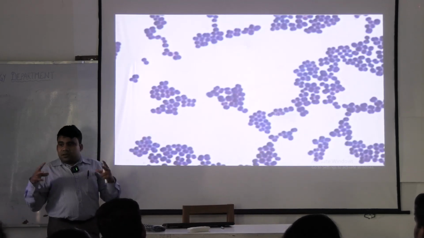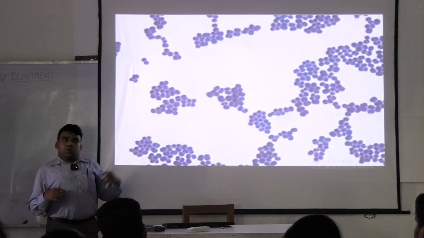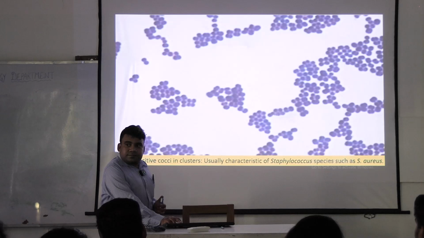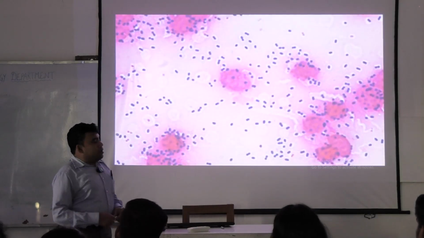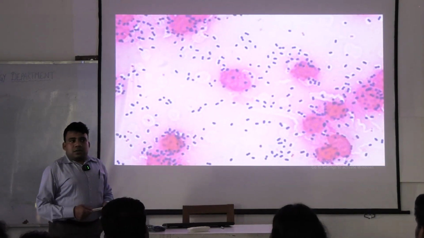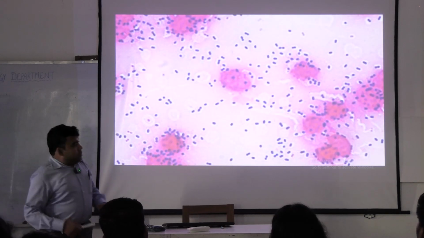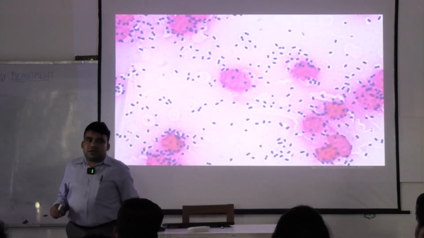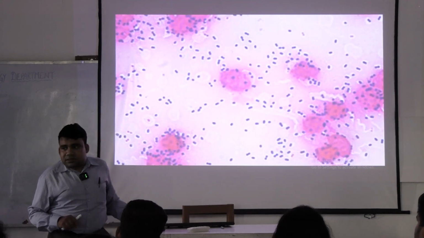Furthermore, arranged in groups. Probably this is how Staphylococcus looks like. What is this? This is also a cocci. Two cocci very adjacent. Gram positive cocci in pairs.